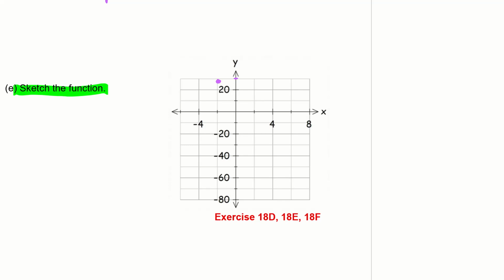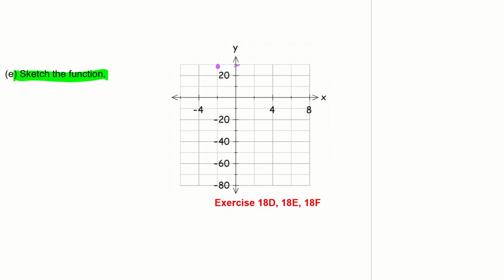That's going to be a maximum point. We know that we have an oblique point of inflection at 1, -25, which is about there. 4, -79 is our minimum point.